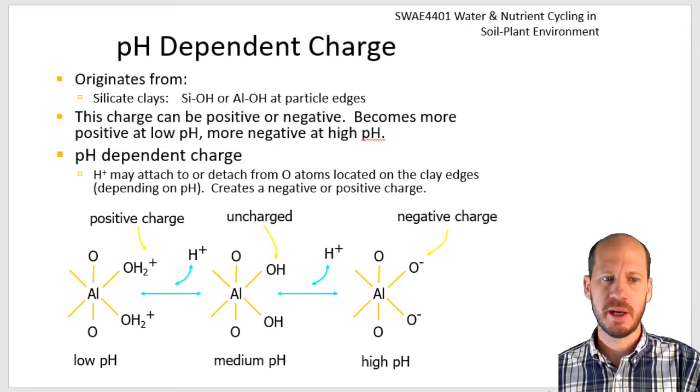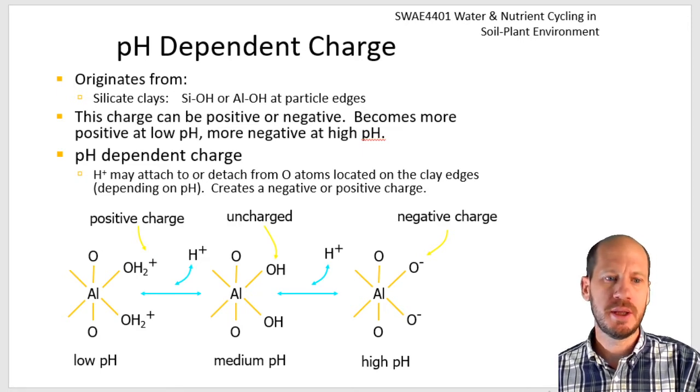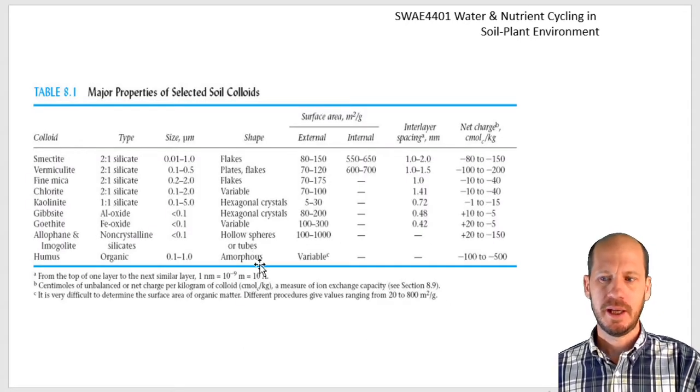These concepts were already given before, but it's worth reminding why we care about this in the context of plant nutrition. Yeah? It's about the nutrient interchange between the surface of these clays and the solution, and with the plants. And here it goes.